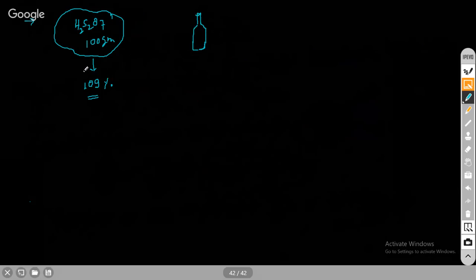Now, what is the meaning of this percentage that is labeled on the oleum bottle? I am explaining with the help of this example. Suppose this is 109% we have here in this bottle.